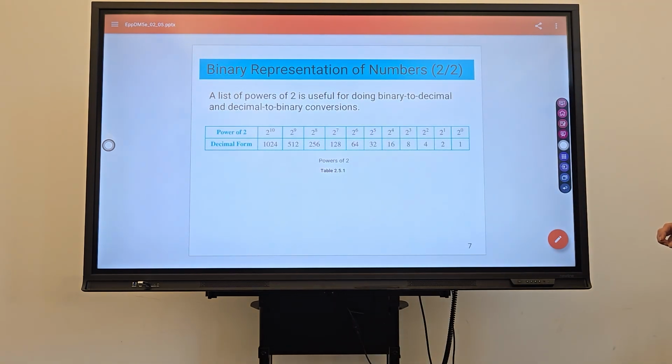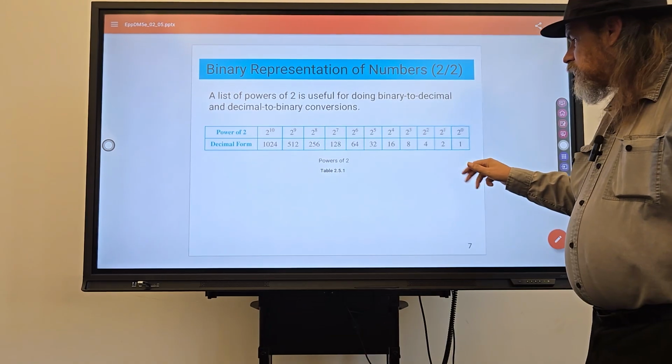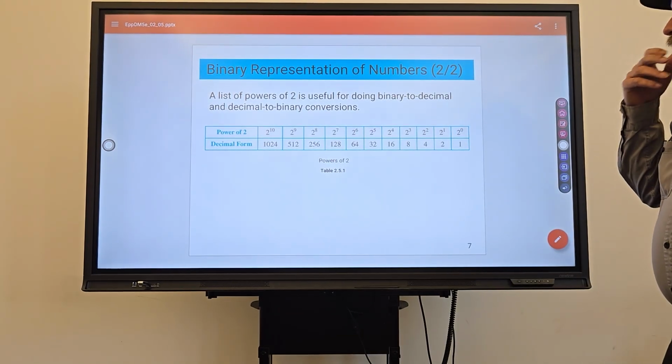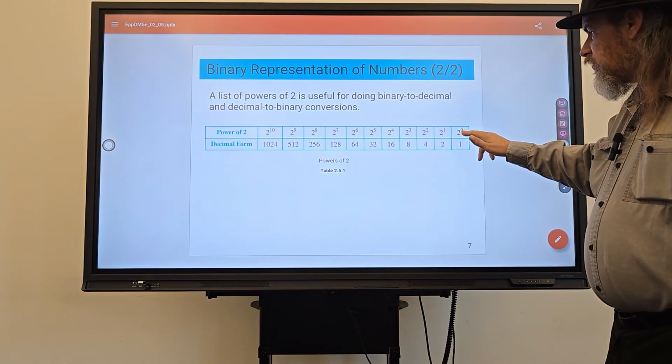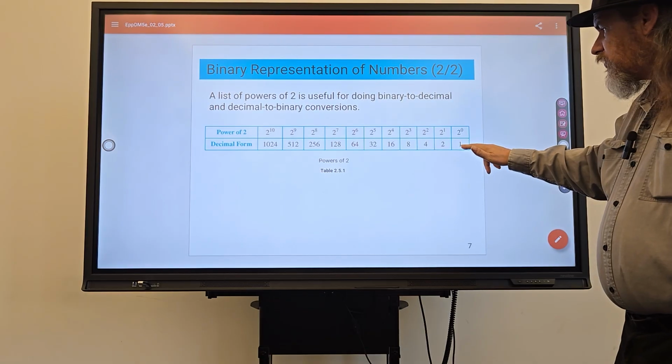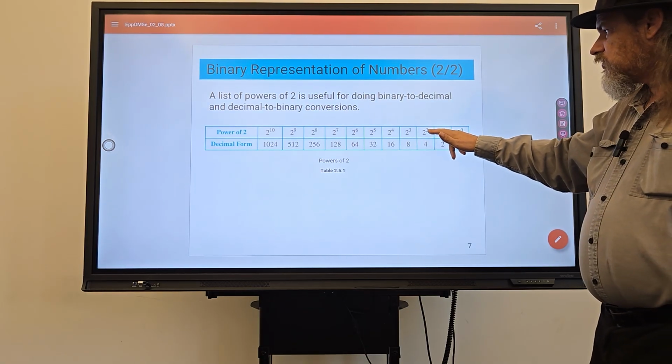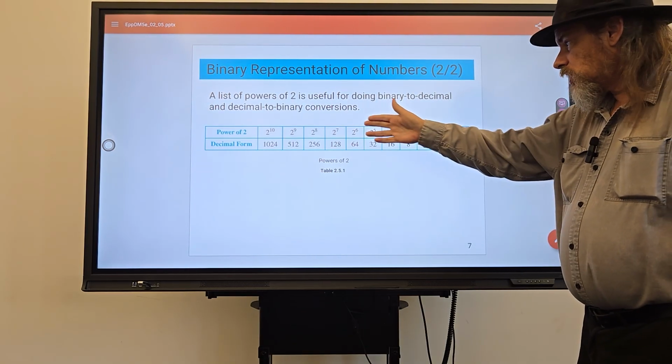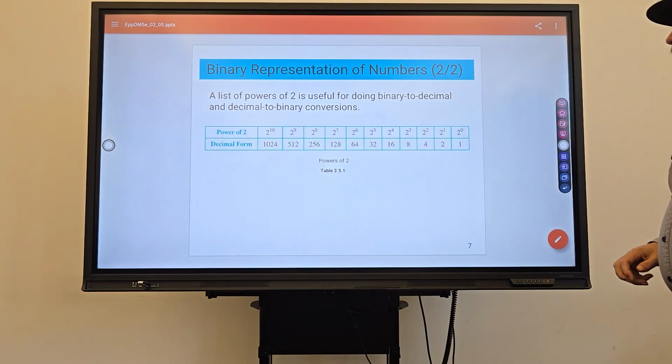The list of the powers of 2 is useful to know because that's the value of each position in a binary number. You start with 2 to the 0th power, or the 1's position, 2 to the 1st, 2 to the 2nd, 2 to the 3rd, and so on up the line.